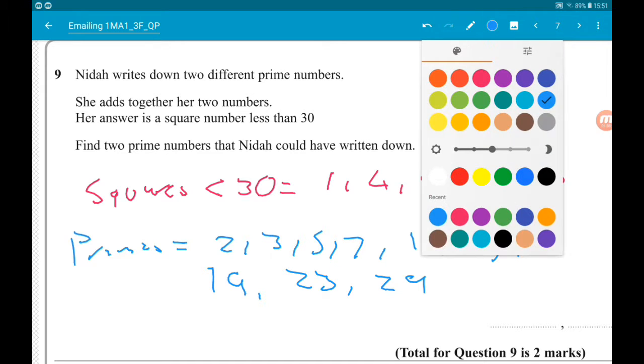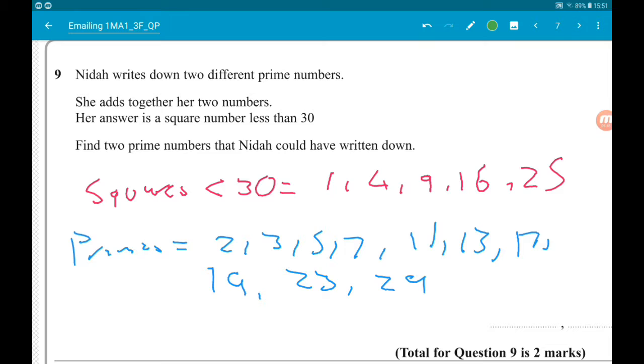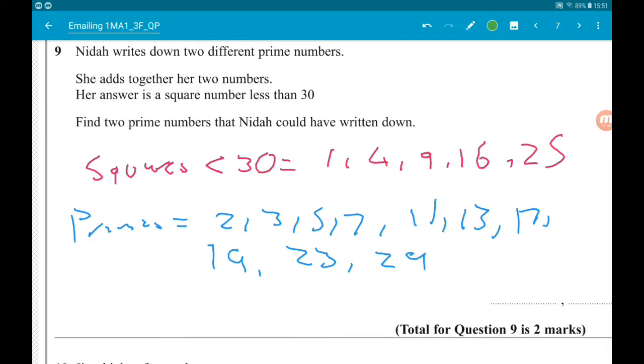Now, what we need to do is find any two of these that add together to give us one of those square numbers. So for example, we could have 2 add 7 is 9. We could have 5 add 11 is 16. We could have 2 add 23 is 25. So we only need one pair, that'll do.